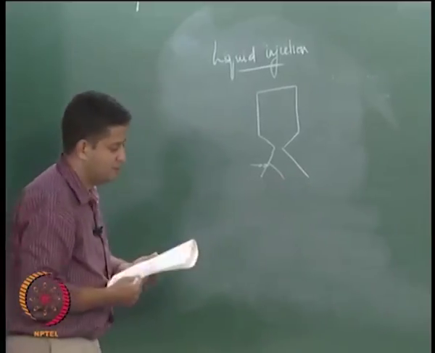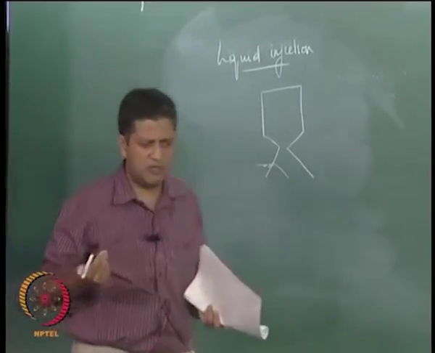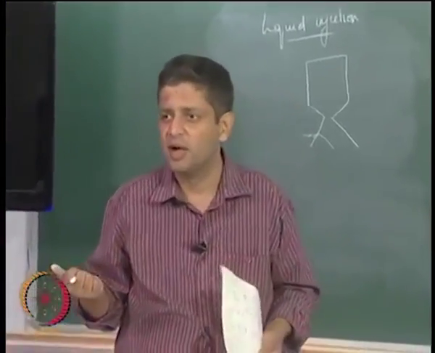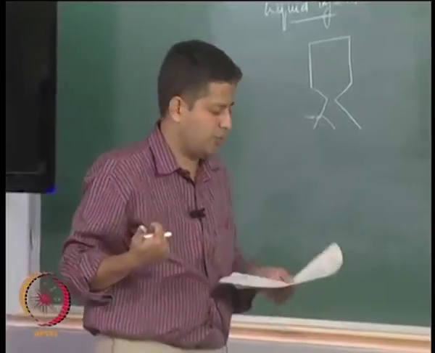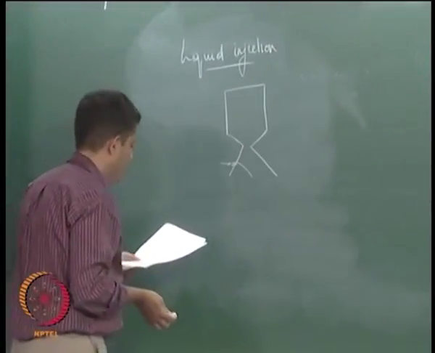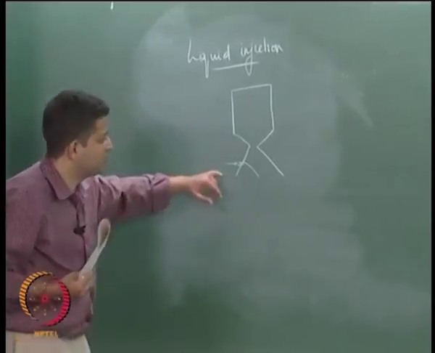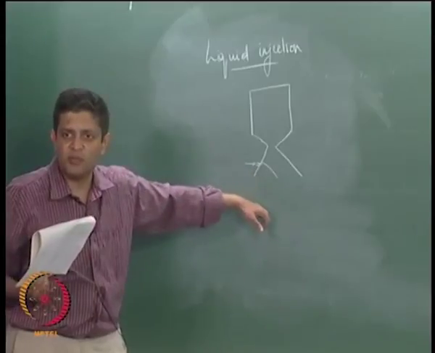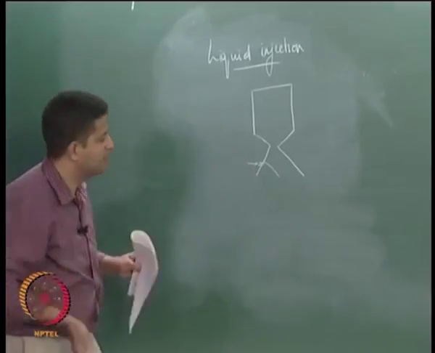Okay. SITVC is used in PSLV's stage 1 motor for thrust vector control. In this case, because of the liquid injection, there is a small amount of thrust augmentation that is happening.